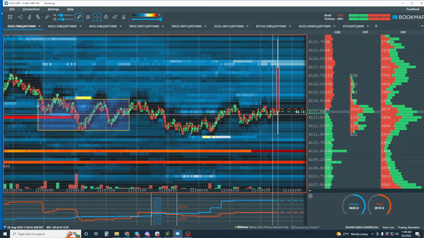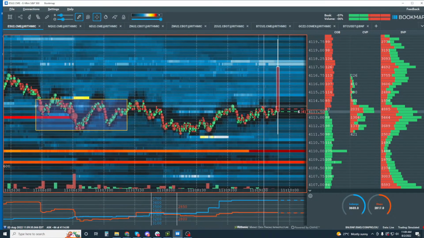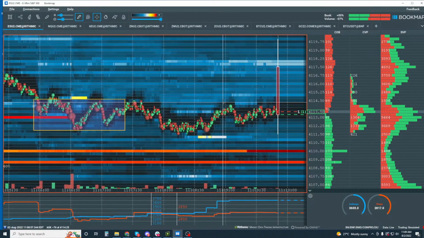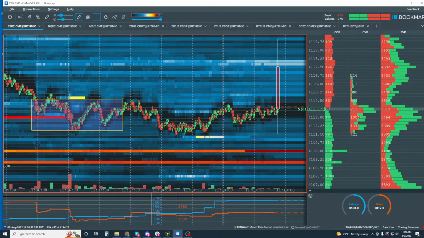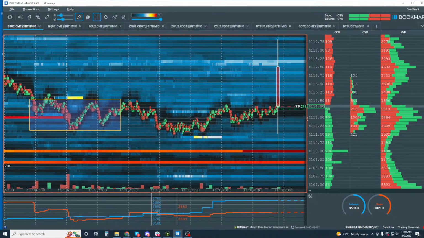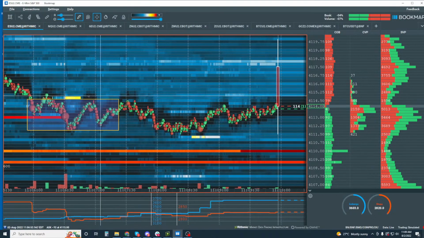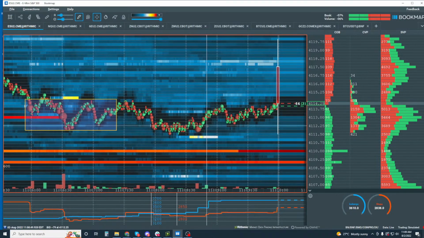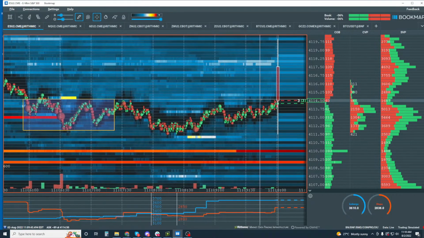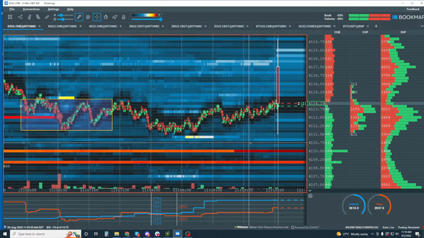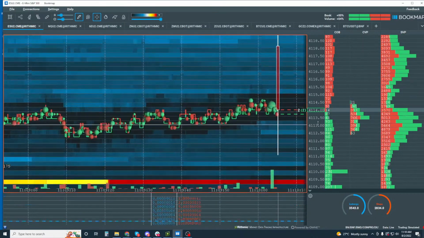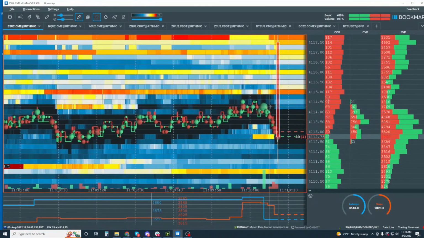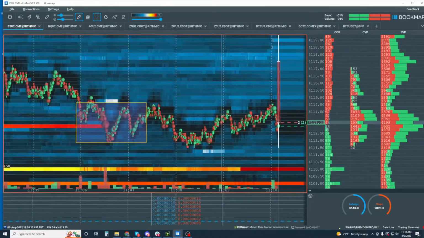Okay, so let's see if I'm still looking for sellers here. Okay, but I'm open to that scenario and that flip here, because all these sellers then become buyers back up above here. See how it comes up here and the market tests this area. Are there buyers? Is there interest?